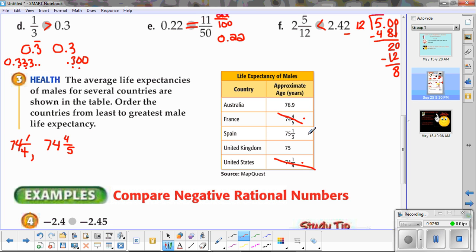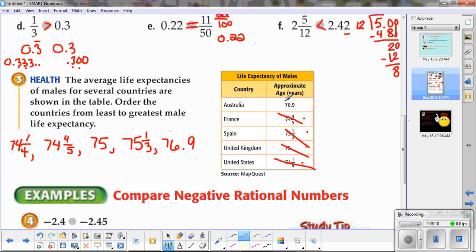Next, we're going to move on to the 75 and 75 1/3. Well, 75 is obviously smaller than 75 1/3. And then the largest is going to be 76 9/10.